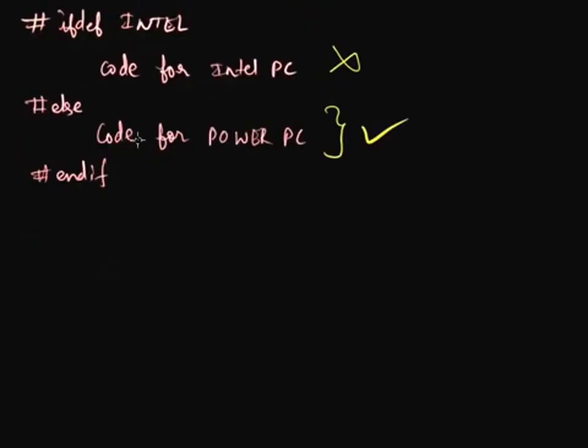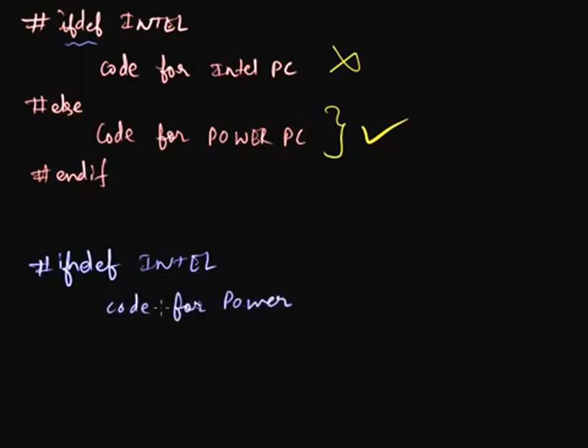The counterpart or the opposite of #ifdef is #ifndef, if not defined. So #ifndef Intel. Let's say we are writing the same code, the contrapositive code for power, #else.